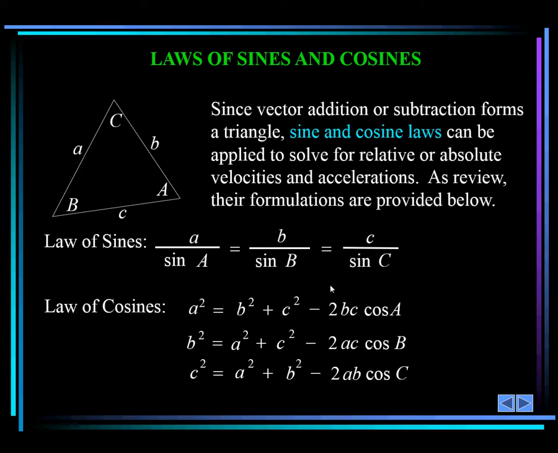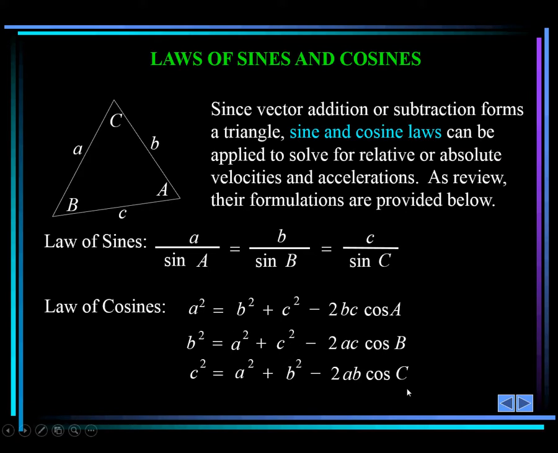The law of cosines says that if you have sides A, B, and C, then A squared is B squared plus C squared minus 2BC cosine of A. Likewise for the other sides.